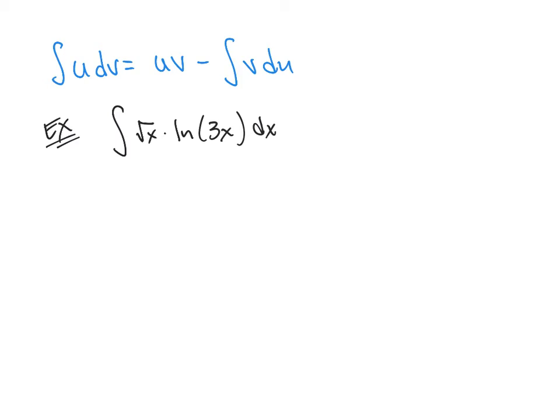So as you're setting this thing up, you'll notice in the formula we have a u and a v and a dv and a du. We have all these pieces. And what we have to do is, in a strategic way, choose a couple of these and work our way to finding the rest of them.